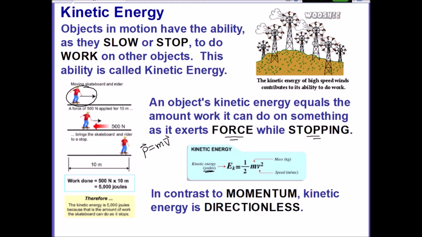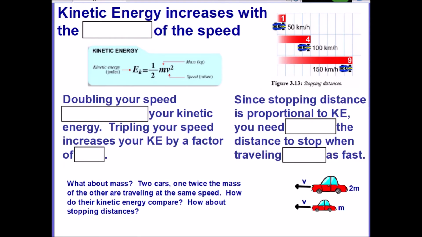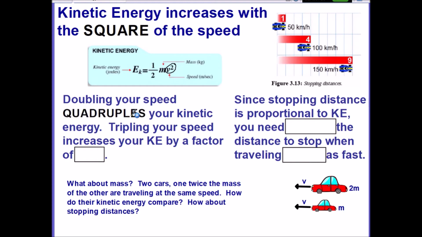Let's go ahead and take a look at this strong dependence on speed. Kinetic energy increases with the square of the speed, and I can see that right here. Since I have a speed squared in that equation, we see that there's a very strong dependence on an object's speed. Doubling your speed will quadruple your kinetic energy. Tripling your speed increases your kinetic energy by a factor of 9.